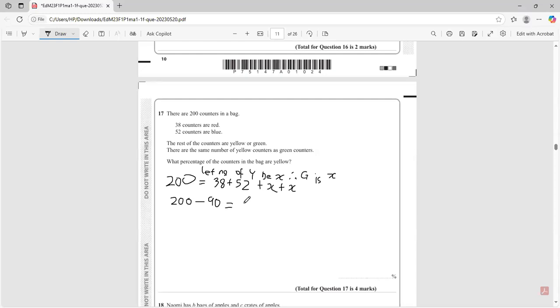So 200 minus 90. And x plus x is already giving me what? 2x. So 200 minus 90 is what? 110. Thank you. And 110 will be equal to 2x. So that means x will be equal to what?